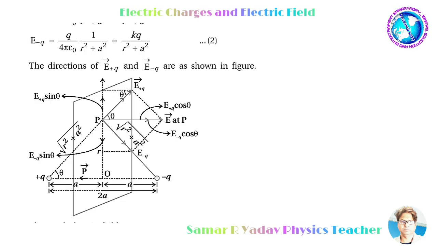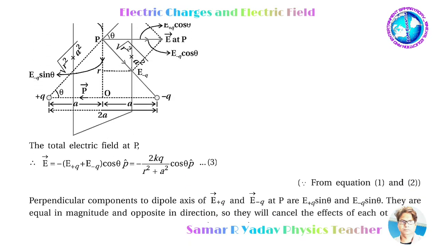Now you can see here that E plus q cos theta and E minus q cos theta are both in the same direction, but E plus q sin theta and E minus q sin theta are opposite to each other, so their effect is 0.